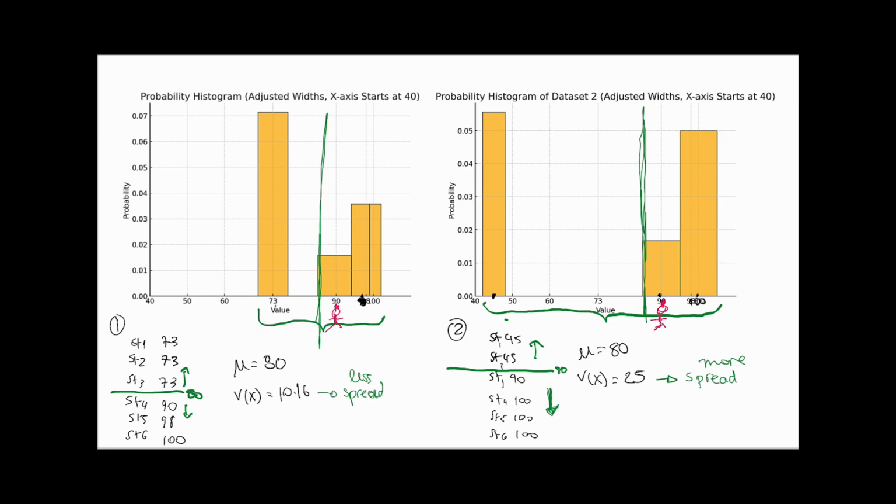But think about this. If I scored 90 in situation number 1, I actually did pretty well. Of course, 90 is a good score.